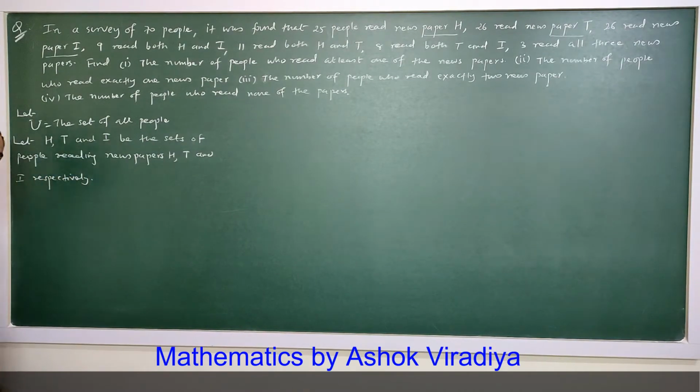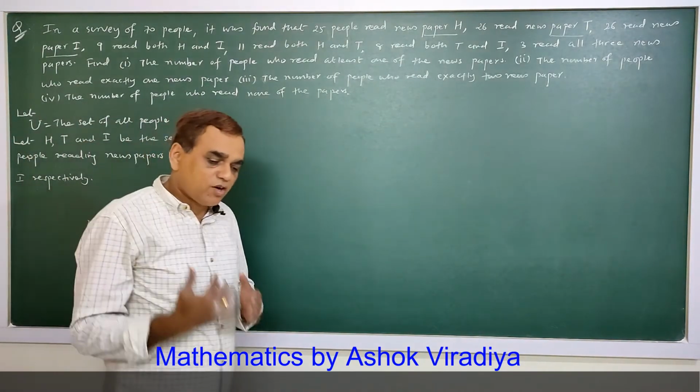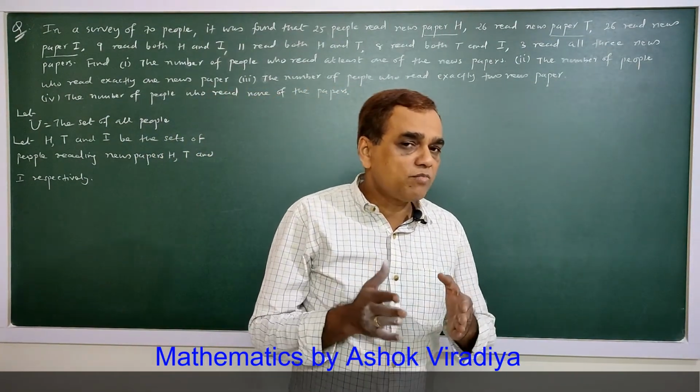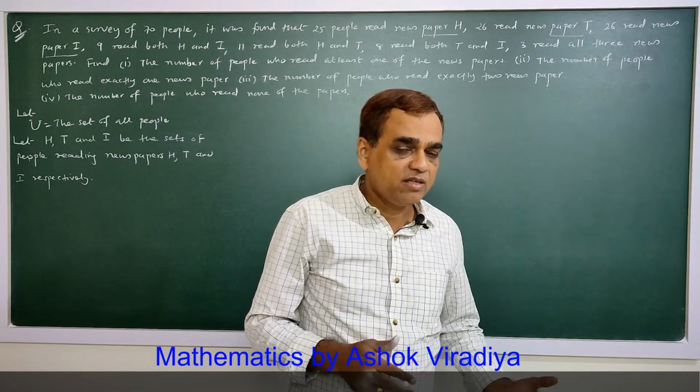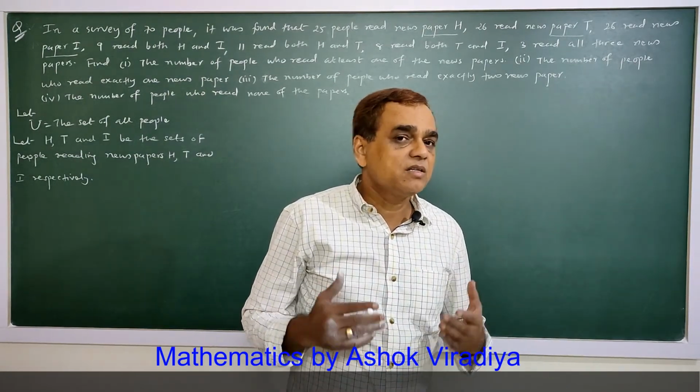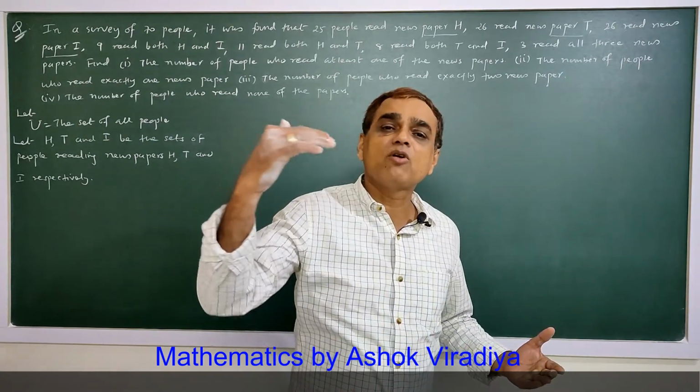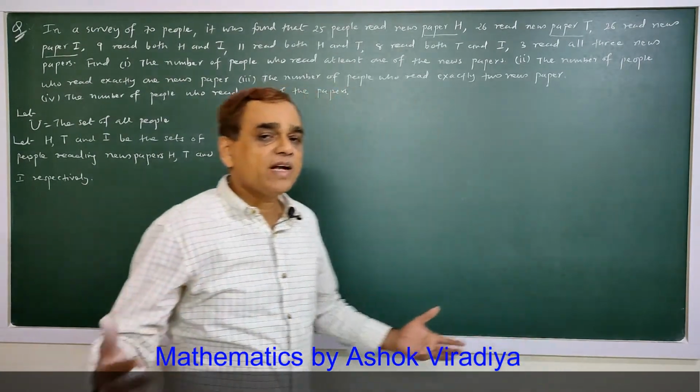Means we are taking the same symbol. H is the set of people reading newspaper H. T is the set of people reading newspaper T. And I be the set of people reading newspaper I. You can also use symbol A, B, C.